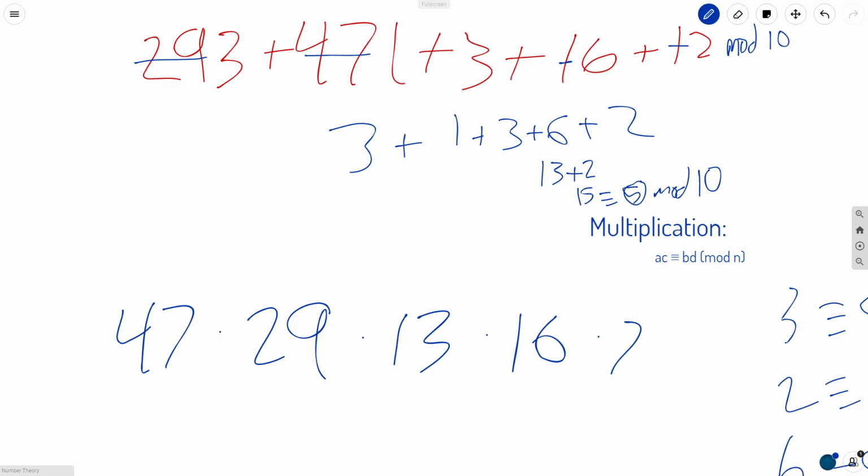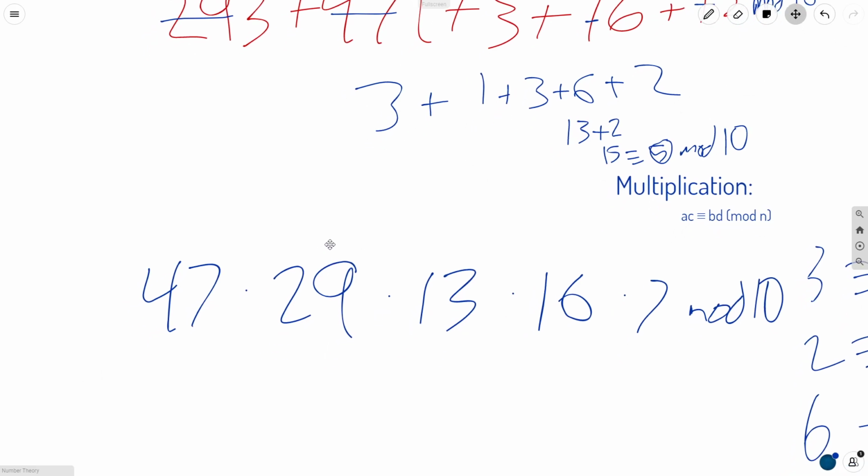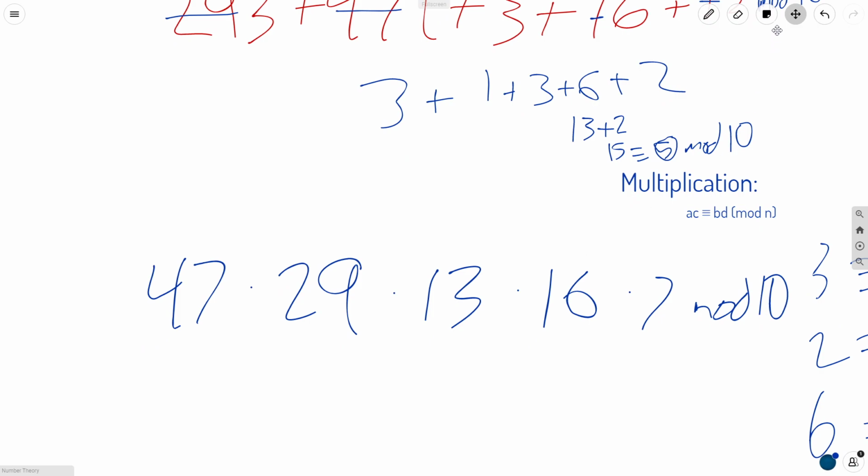But if I was just to find the units digit, we could take this entire thing and use mod to simplify it. So taking the mod again, we don't have to worry about any of the other numbers. We just want the units digit. And if we're just worrying about the units digit, we don't have to worry about the actual numbers themselves. So we can just find the product of 7 times 9 times 3 times 6 times 7.